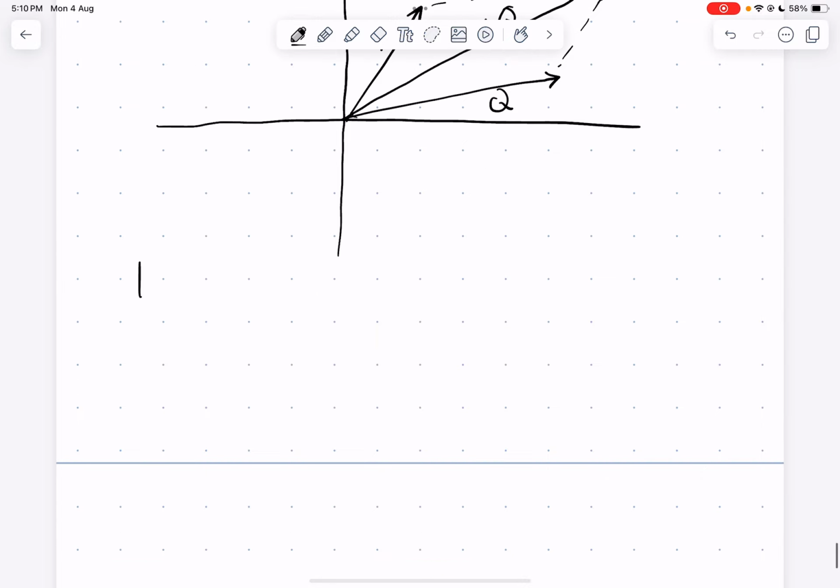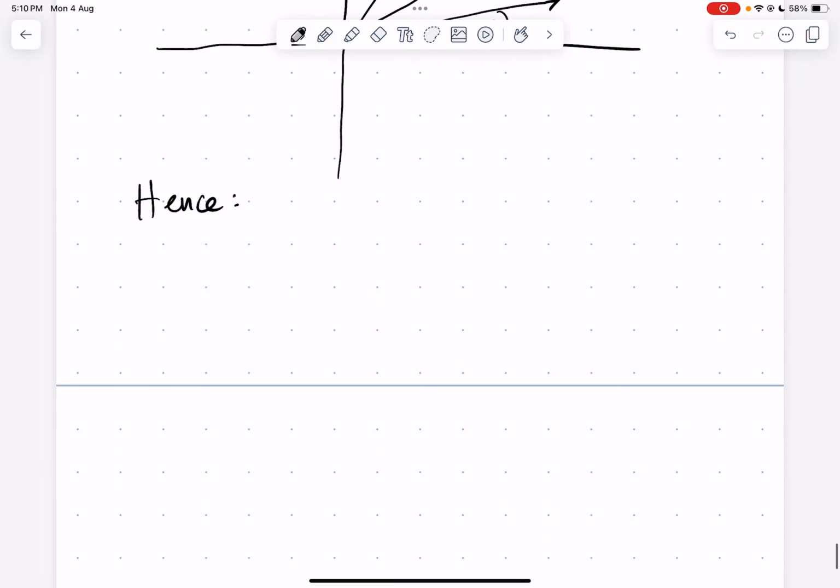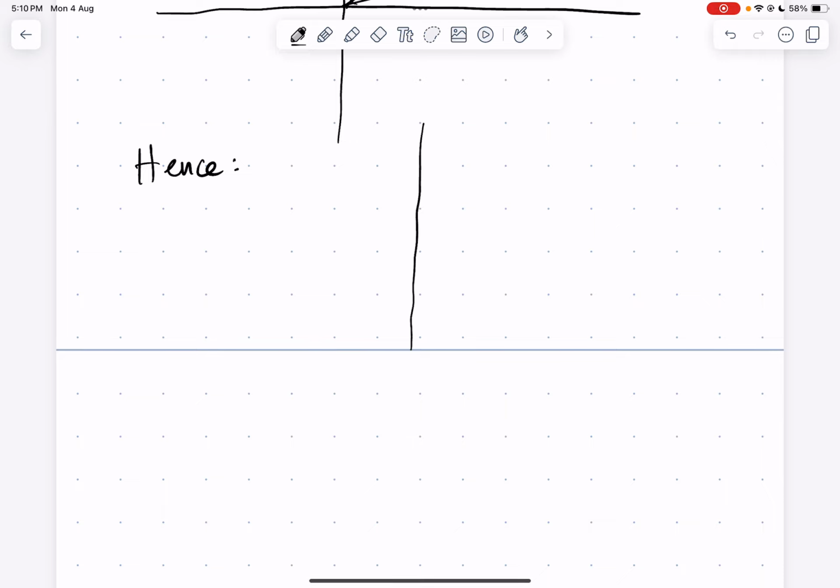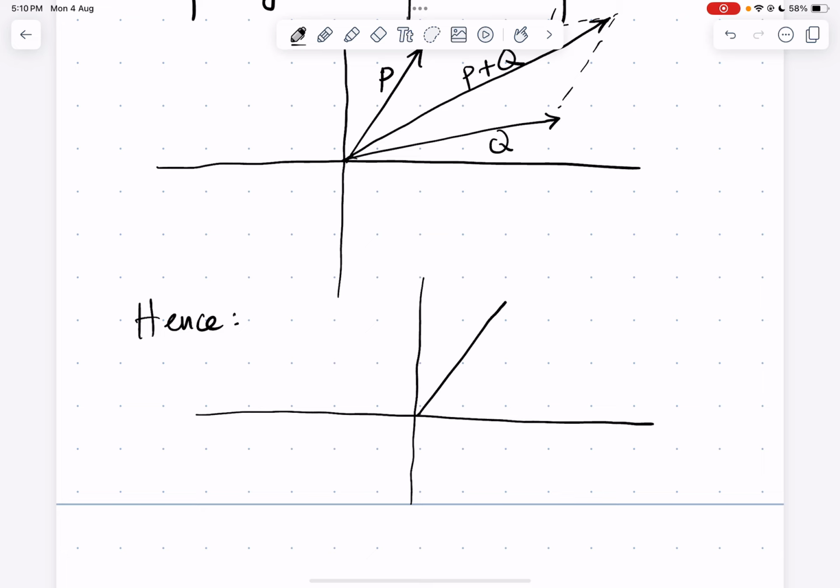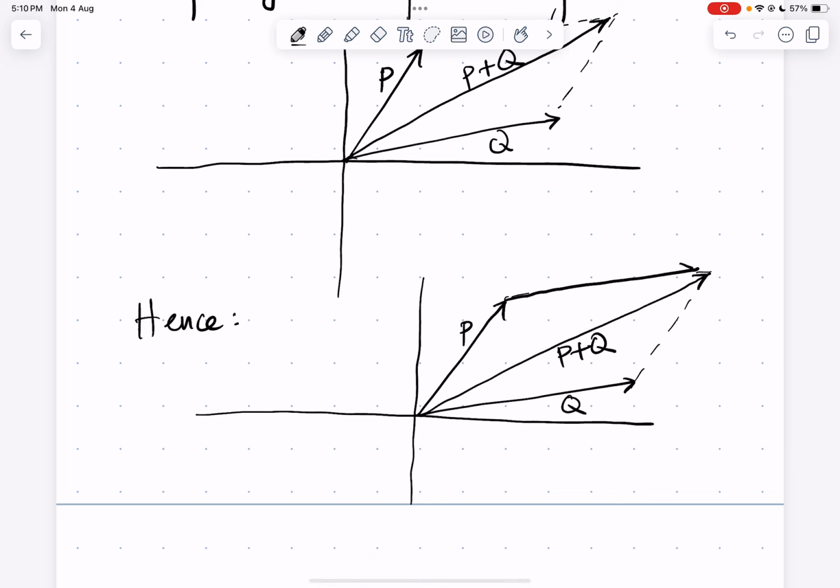Hence, we have this picture in fact. P, Q, and this is P plus Q. If we translate this vector Q to be the other side of the parallelogram, we get this nice picture.